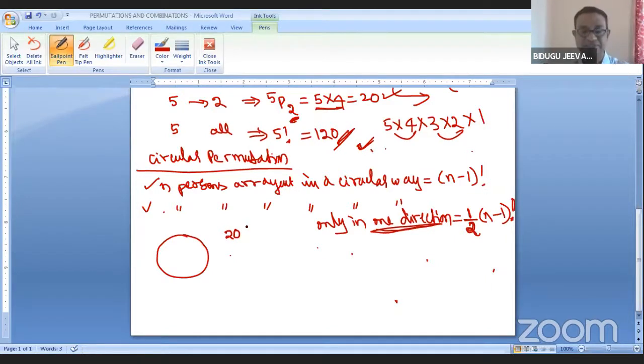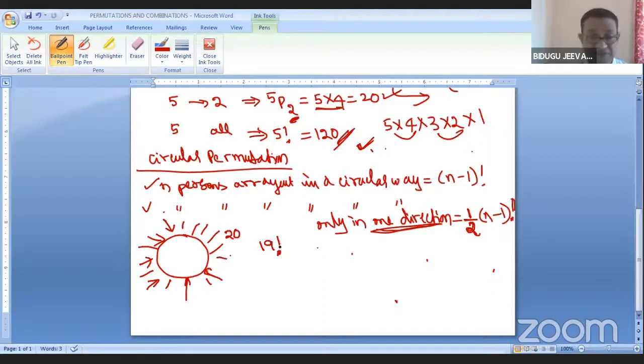Suppose a dining table. They want to come and sit around the dining table. How will they come? One person will come here, another person, again another person, like this. So at the end, all the people occupied their chairs. This can be done how many ways? 19 factorial, because they do not have any direction.